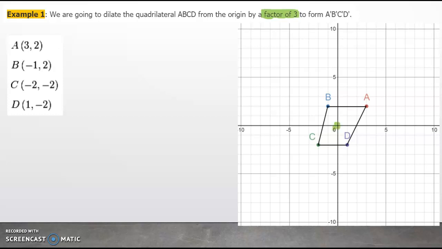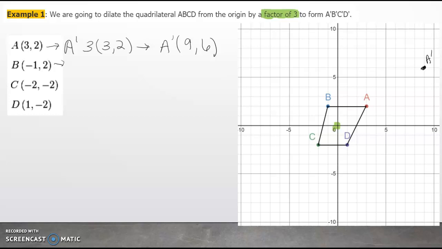So we're going to take each of these values, A, find our A prime, we're going to multiply our original point 3, 2 by 3. And when we do that, we get our A prime value of 9, 6. So if I were to plot the new point, I would go over 9, up 6 to find A prime.